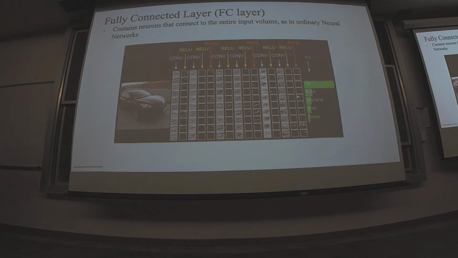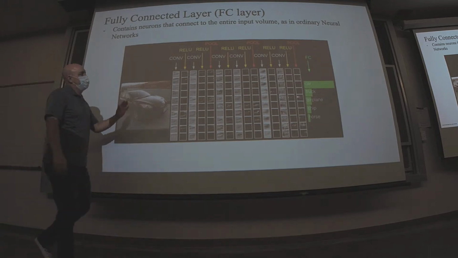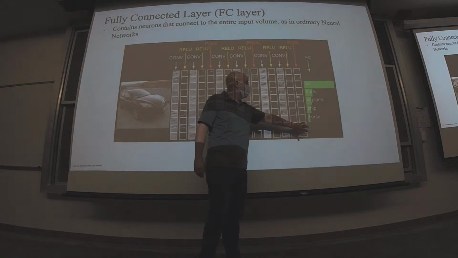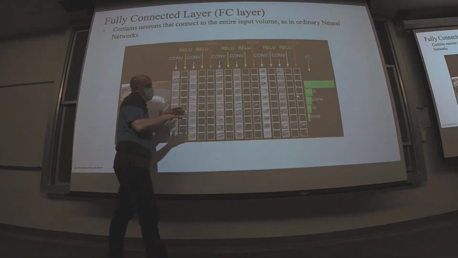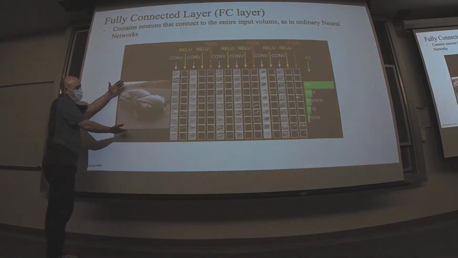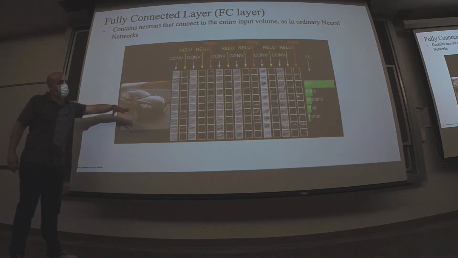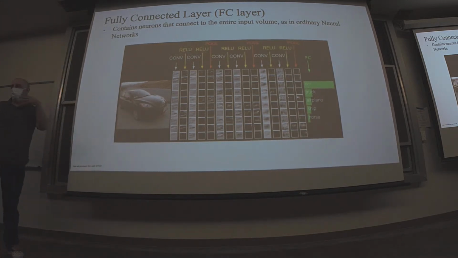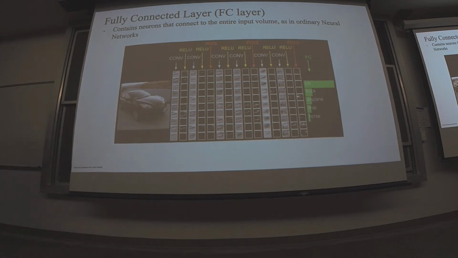By the time you go from here to here, depending on the network, you've gone from something in the hundreds of pixels to something in maybe the dozens or even single-digit pixels.